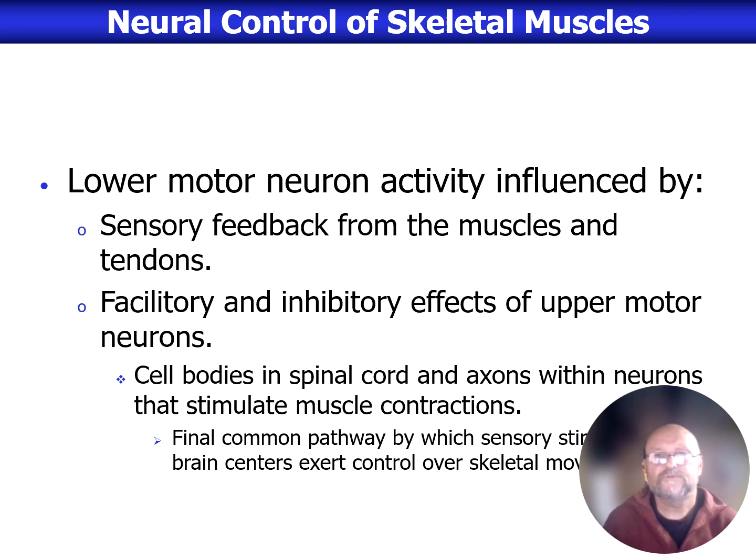So, neural control of skeletal muscles. Within the nervous system, you have information flowing into the central processing area, which is the central nervous system, the spine, and the brain.